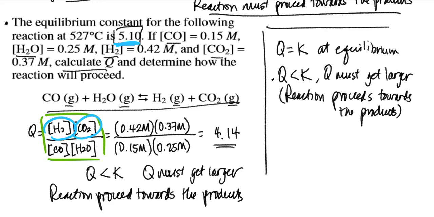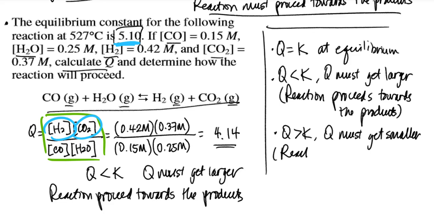However, if I do my calculation of Q, and Q is greater than the equilibrium constant, then that means that Q must get smaller. And if Q has to get smaller, then that means that the reaction proceeds towards the reactants.